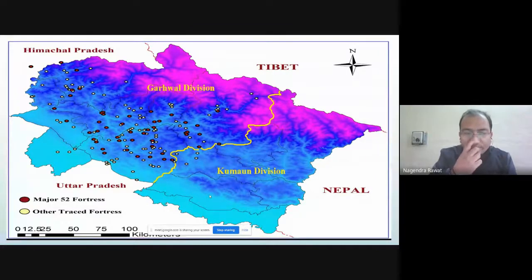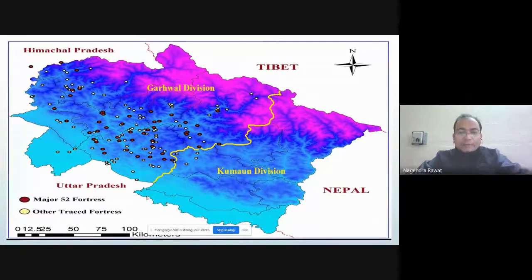GIS is a good software. It works with world geographic coordinates, so you can put your map and work with different layers over it. Like you can put your drainage map, and the data you collected during your fieldwork, layer by layer.